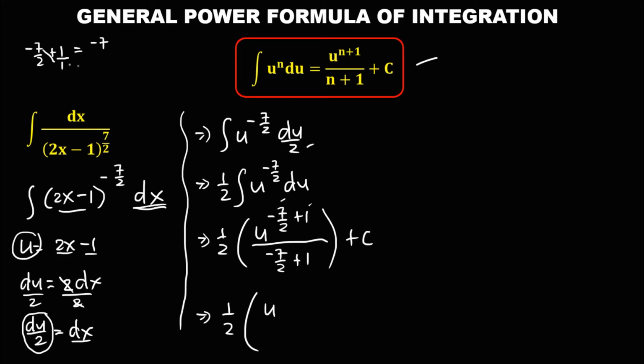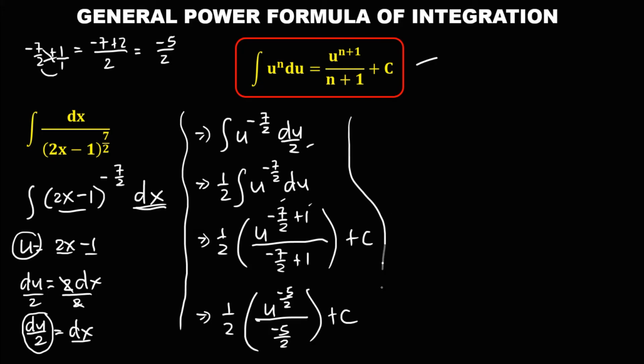This one is negative 7 plus 2 over 2. So we have now negative 5 over 2. So we have u to the power negative 5 over 2, then over negative 5 over 2, then plus c.